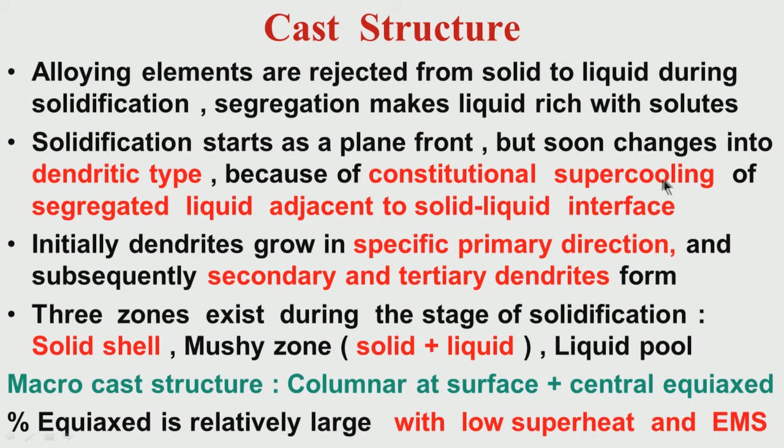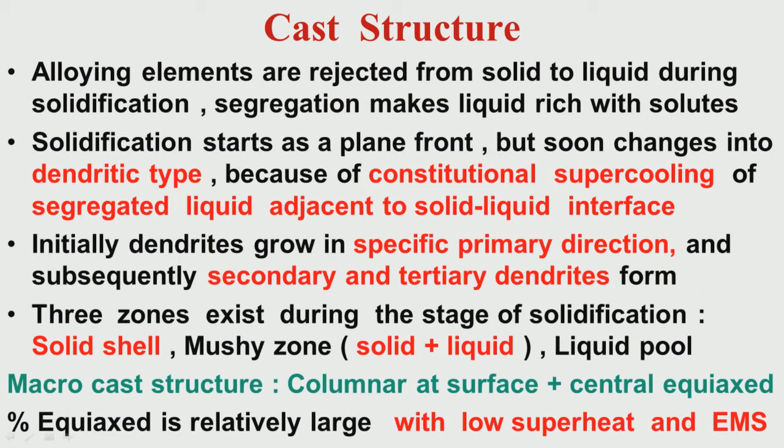This is constitutional supercooling, and because of it you have a dendritic solidification front and not a plane front. It starts with a plane front, but immediately gets into a dendritic form. Dendrites start shooting out from the solidification front, and as I have told, initially they grow in a specific primary direction, and subsequently you have secondary and tertiary dendrites.